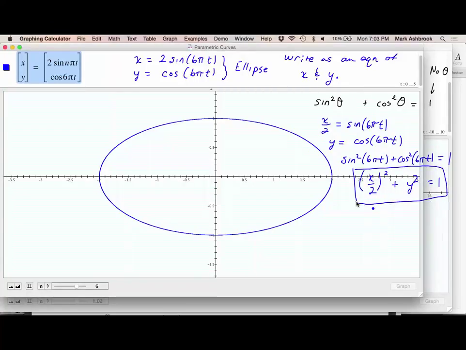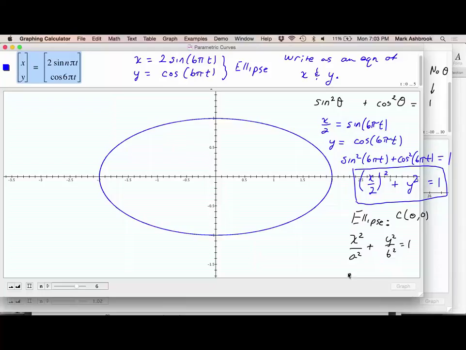And what do we notice about that? That is the equation of an ellipse. Standard form for an ellipse centered at 0, 0 is x squared over a squared plus y squared over b squared equals 1. And a and b are your what's called your directrix.